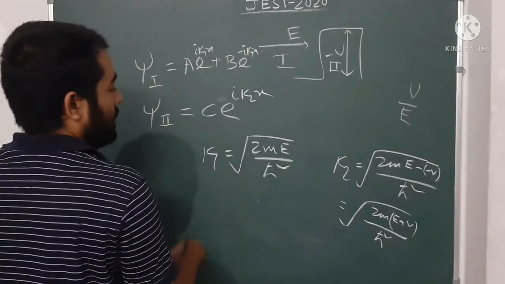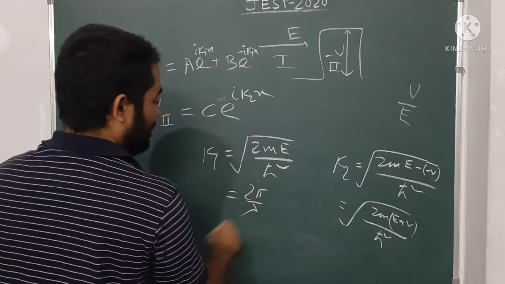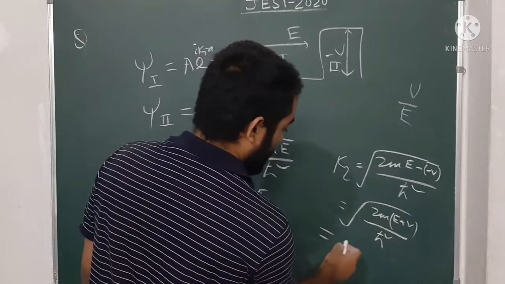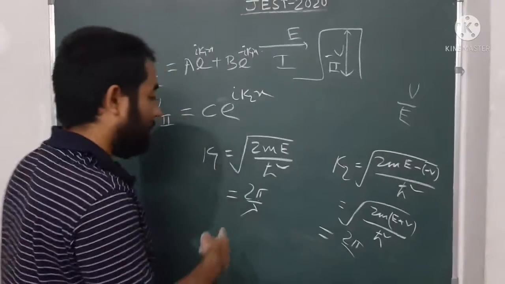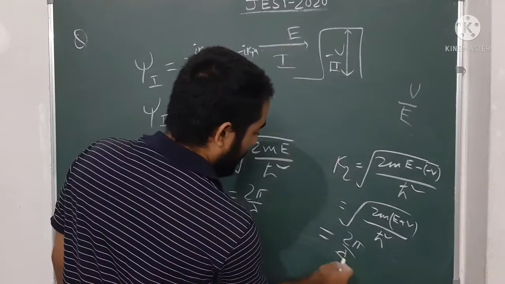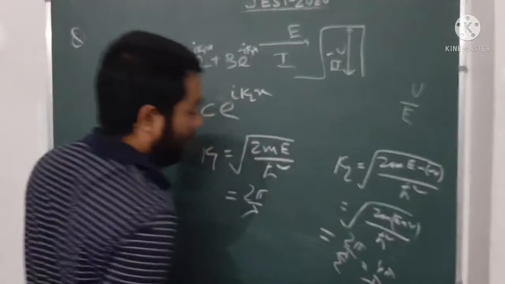And this k is the propagation constant, which is 2 pi by lambda, and here also 2 pi by lambda, but they said that the wavelength is half, lambda by 2, so that means 4 pi by lambda.